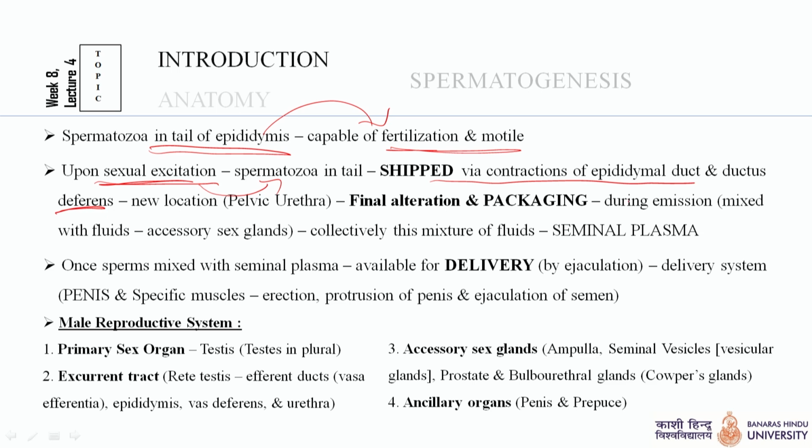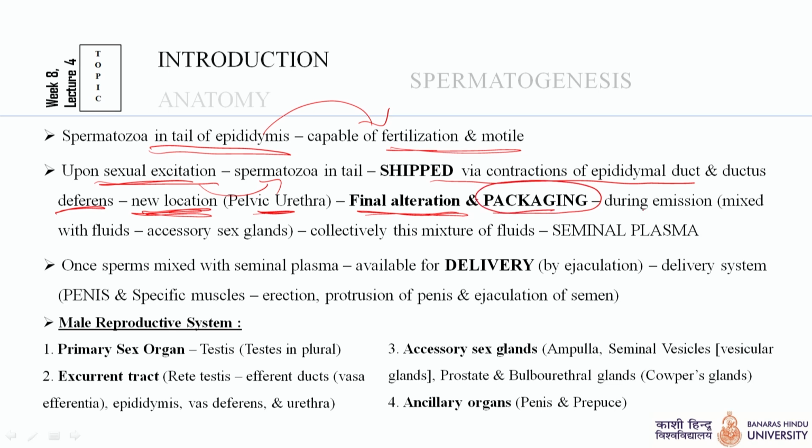Through these contractions, the motile spermatozoa will move to a new location, that is called the pelvic urethra. Then in the pelvic urethra, the final alteration of the product takes place, and ultimately it is packed.